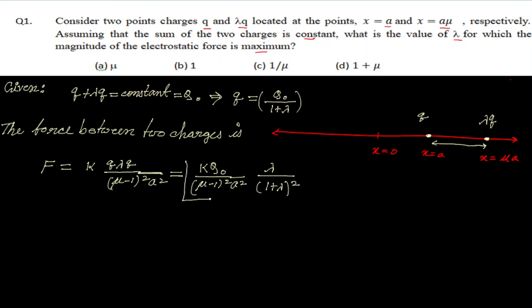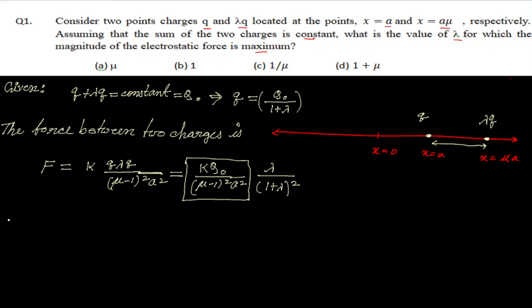Now these quantities are constant in this case. Only this part is a function of lambda. So now we have to calculate for what value of lambda this force will be maximum. For that, we can simply take the derivative of this force with respect to lambda, and if we make it 0, from there we get the value of lambda, and for that particular value of lambda the force will be maximum.